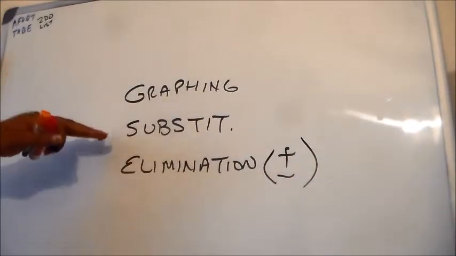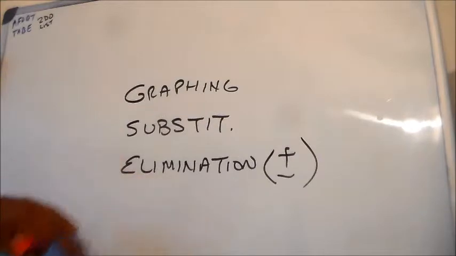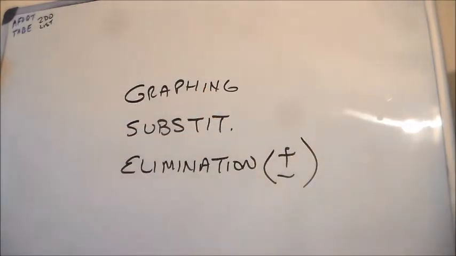So graphing, substitution, and elimination, which is actually two methods in one, because we're going to add or subtract to eliminate. Basically, that's primarily the methods that we're going to use. So we'll talk about the first one, which is the graphing method.